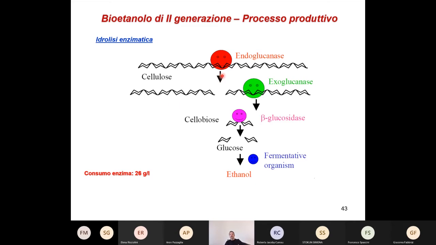Then the exoglucanase cuts in general here, so you obtain two sugar monomers, which is cellobiose. So every enzyme has a mission. This is a random cut. This is a cut where cellobiose is produced, and then the beta glucosidase enzyme cuts the cellobiose into glucose molecules.